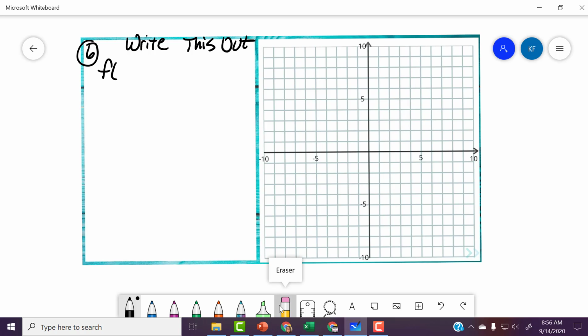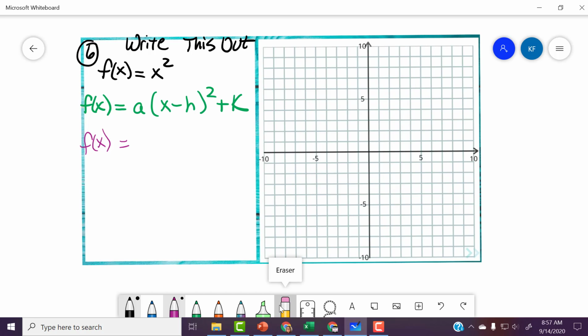So here's our parent graph, and I'm going to put everything together now. This is just our general formula. And we're going to put everything together, and we're going to graph what you have done in previous examples.